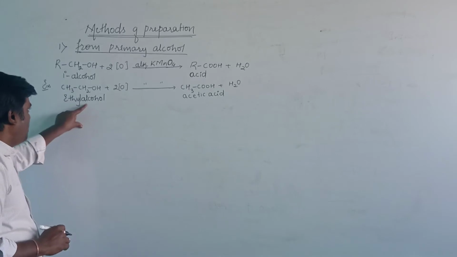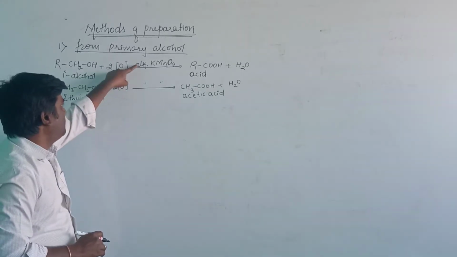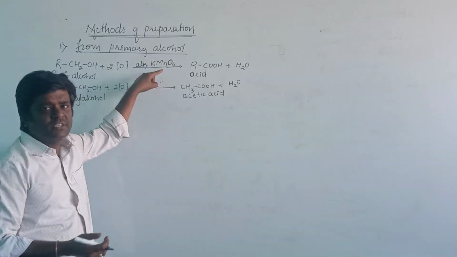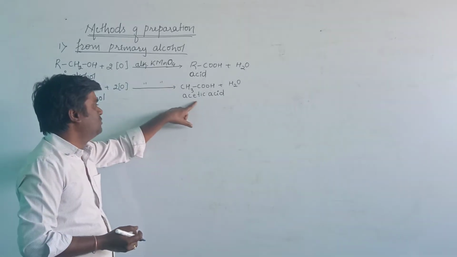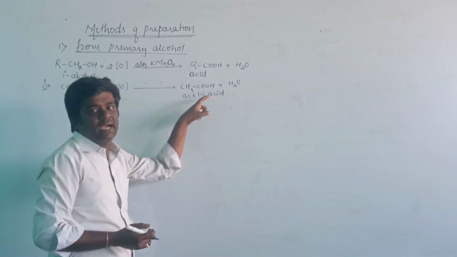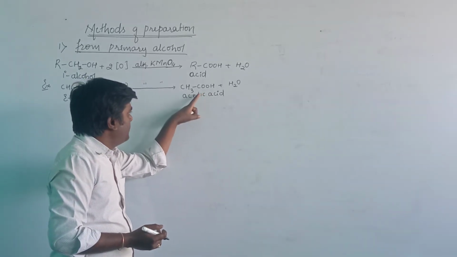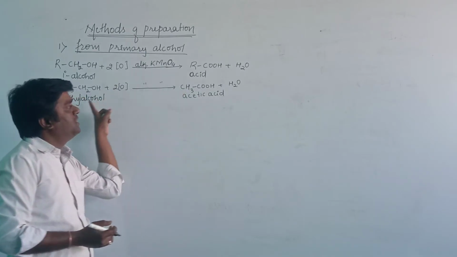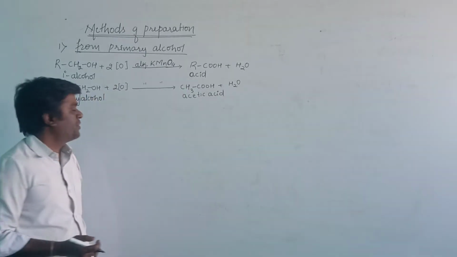When ethanol undergoes oxidation in the presence of alkaline KMnO4, or we can take acidified K2Cr2O7, then we will get the compound acetic acid. Here, when we compare the acid and alcohol, both contain the same number of carbon atoms.